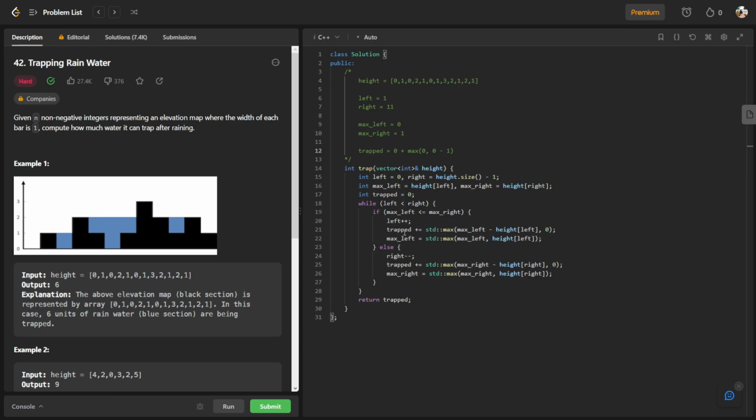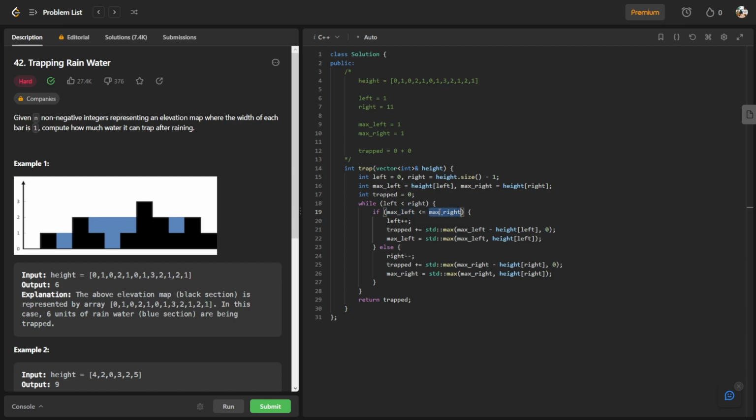Remember, because we incremented left before, our pointer is now pointing at this number. Since this is negative 2 and negative 1, we get the max, which is 0, so trapped does not change. After that, we update the max left value, and since 1 is more than 0, we update it here and move on to the next iteration.